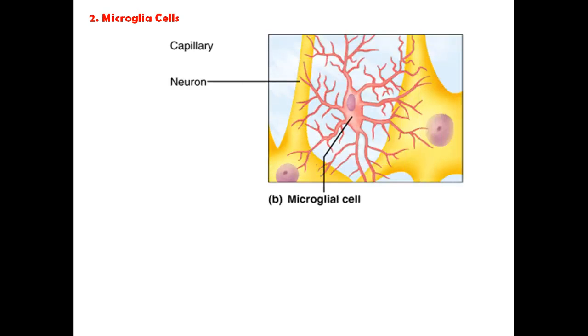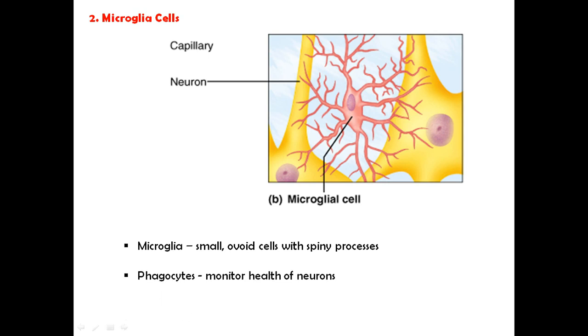Second one is the microglial cells. The microglial, it means small ovoid cells with spiny processes. Function is phagocytosis. It means engulfing foreign materials and debris.